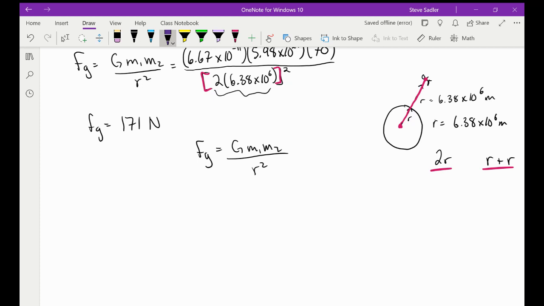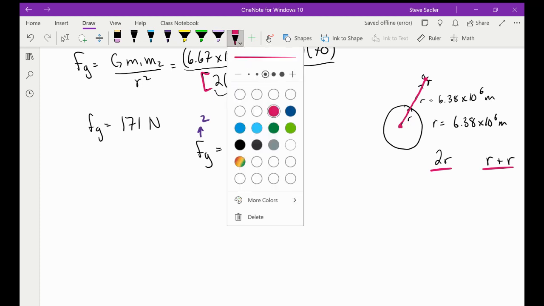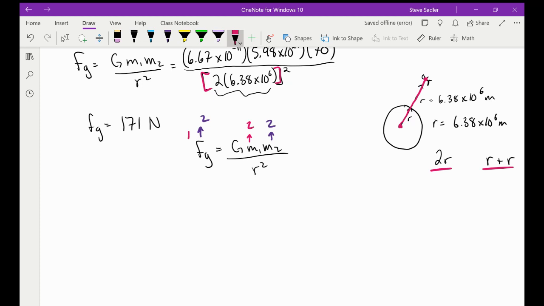So for example, if mass 2 goes up by a factor of 2, that means my force of gravity is going to go up by a factor of 2. If mass 1 also goes up by a factor of 2, then force of gravity is going to go up by a factor of 4. Those are proportional. As the mass goes up, the force of gravity goes up. Hopefully that makes sense.